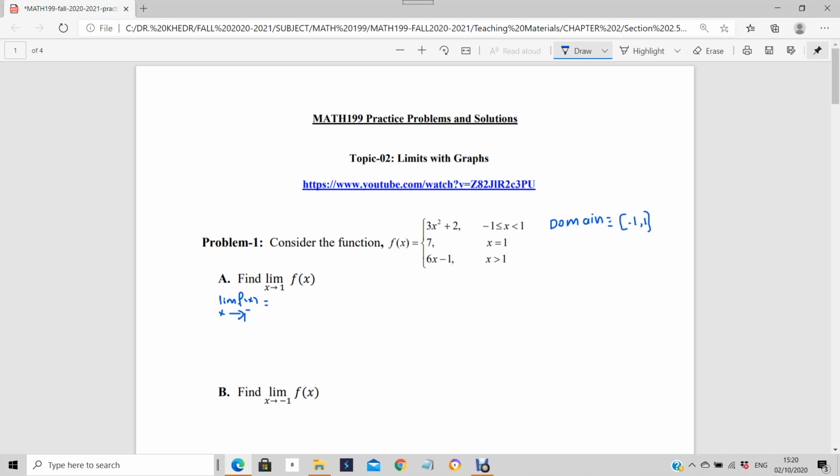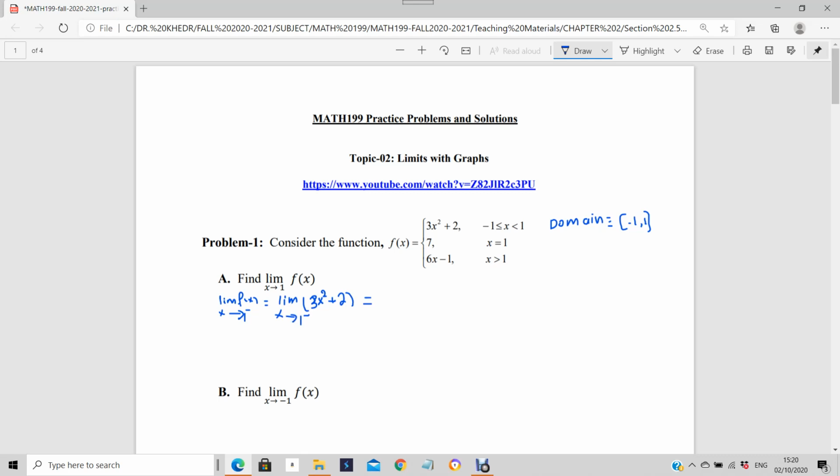Here, the last formula is for x greater than 1, and the first formula is for x less than 1. So we have to use the first formula, 3x squared plus 2, as x goes to 1 from left side.